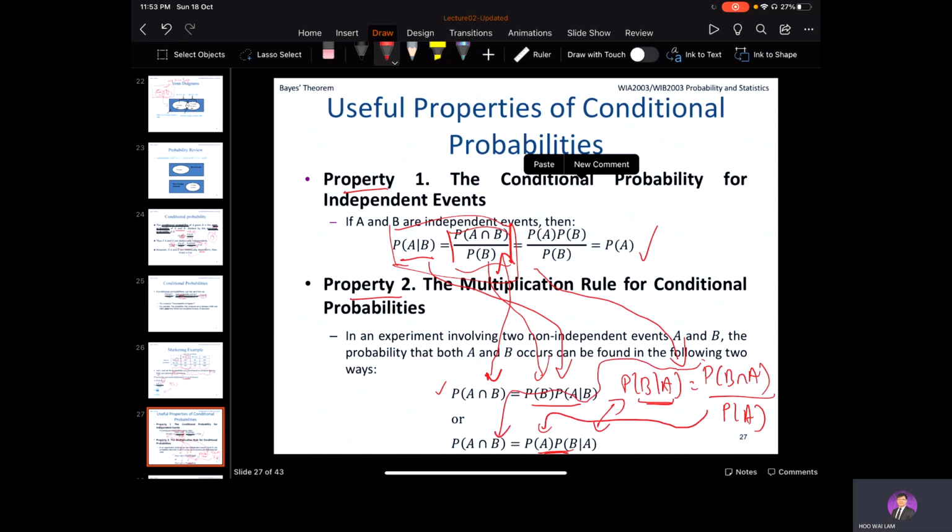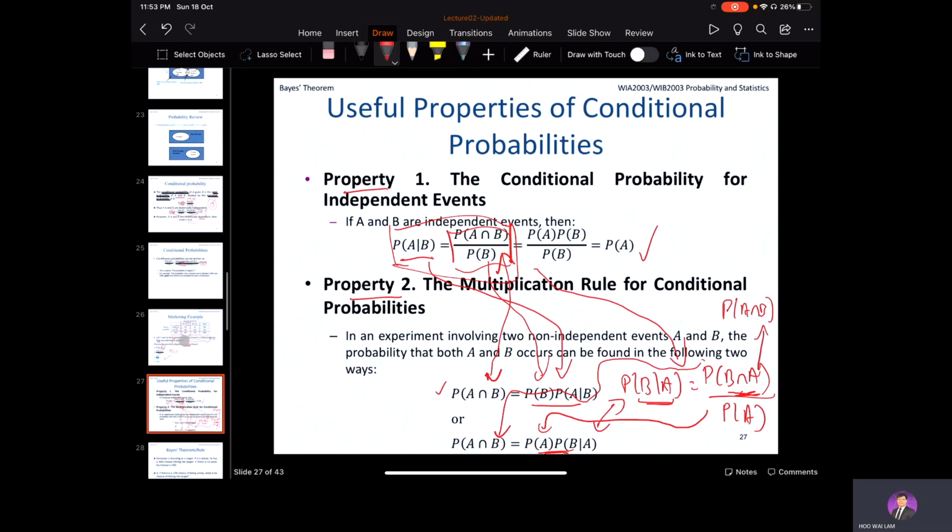You notice that probability of B intersect A is the same as probability of A intersect B. When you're doing an intersection, no matter which one is in front or behind, it still gives you the same thing: two events happening together. That's why you can write your intersection in both ways. All right, the multiplication rule.